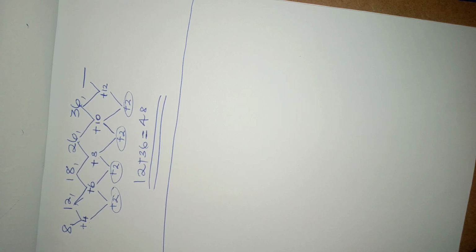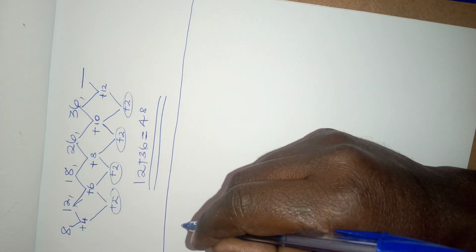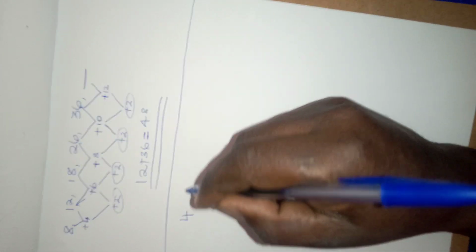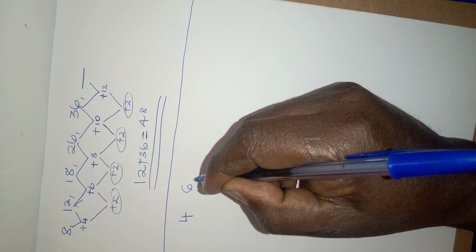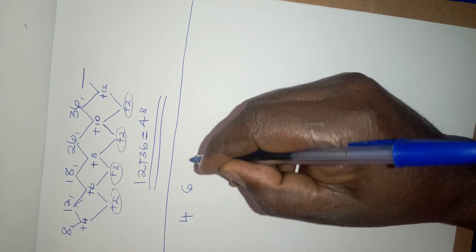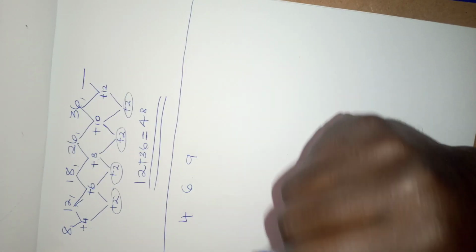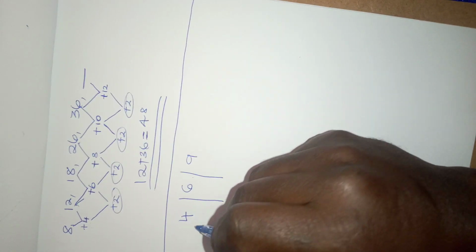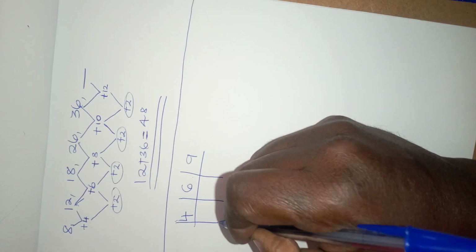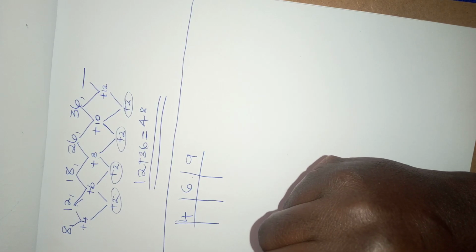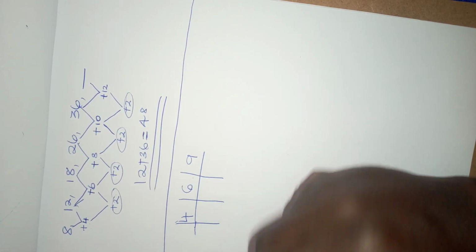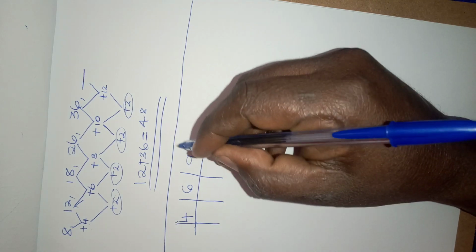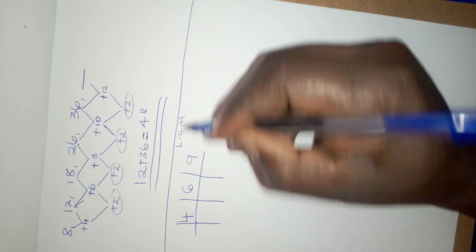So here the numbers that we have are 4, 6, and 9. The LCM of these numbers can be found as follows, and this is how we find the LCM of numbers.